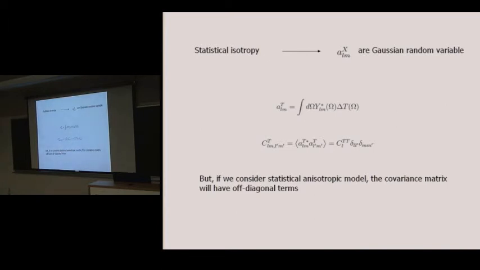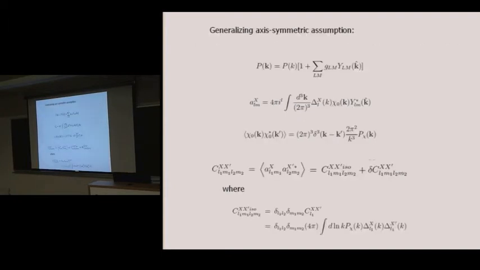But if the temperature fluctuations have some anisotropy components, then these are not completely Gaussian variables, and this average has some off-diagonal terms here. For instance, we see these axisymmetric assumptions. So, generalizing these axisymmetric assumptions.